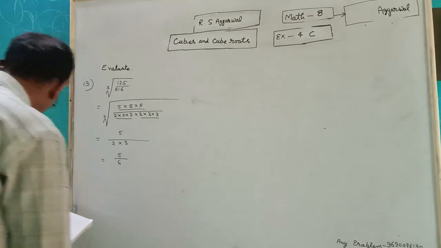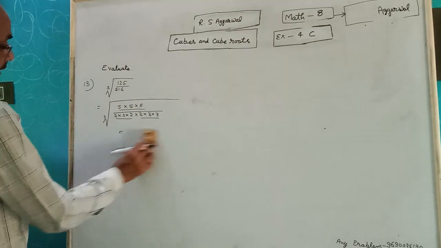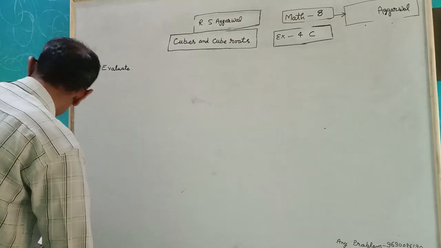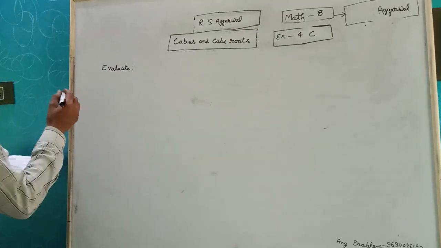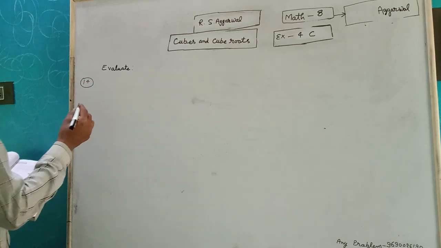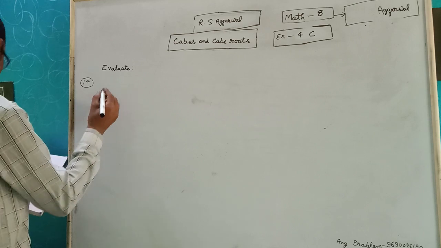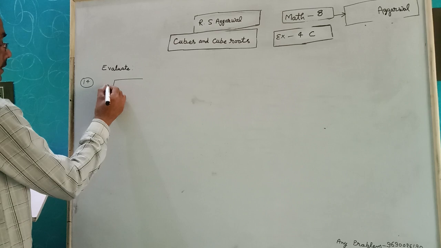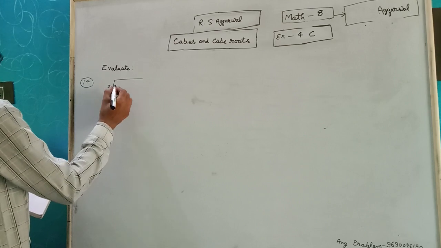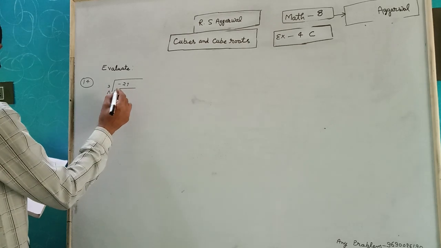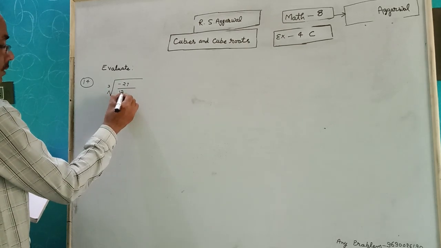Question number 14 and 15, it is same. Question number 14 is only change by minus. Cube root of minus 27 upon 125.